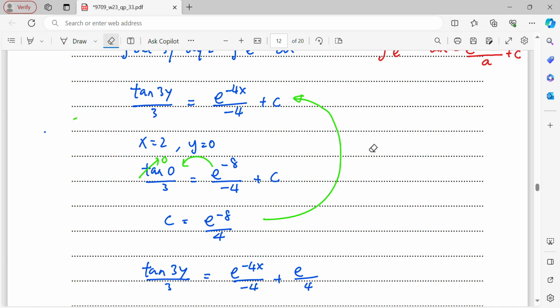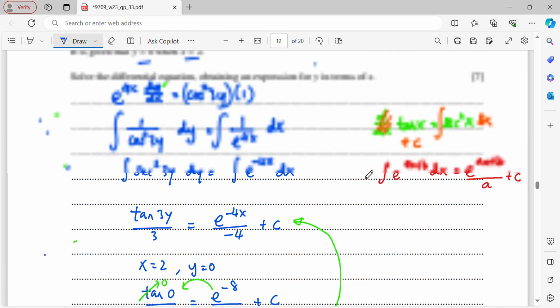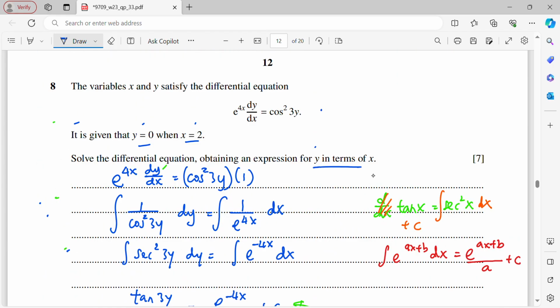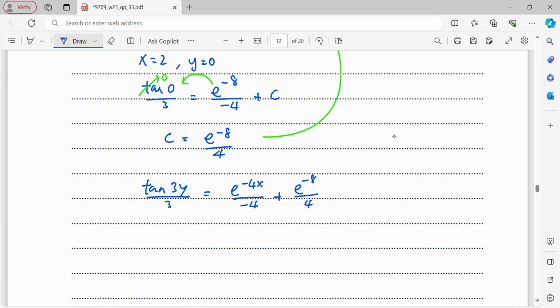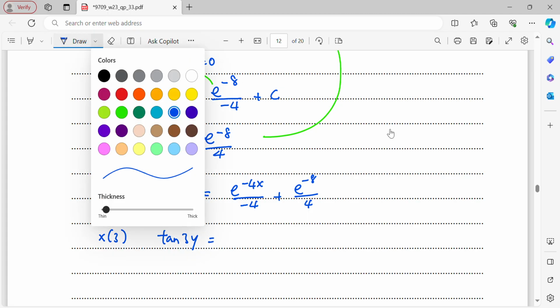Okay, so now before we proceed, refer back to the question. You need to leave your answer for y in terms of x. So it means that now I need to times the whole equation by 3 because I need the y as a subject.